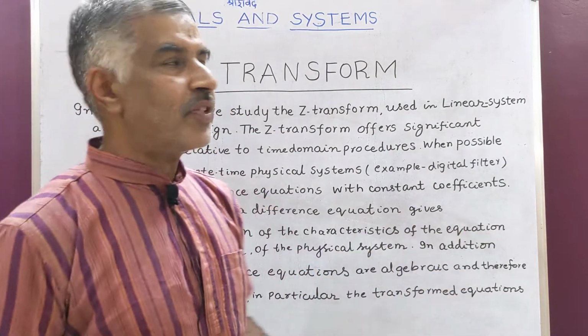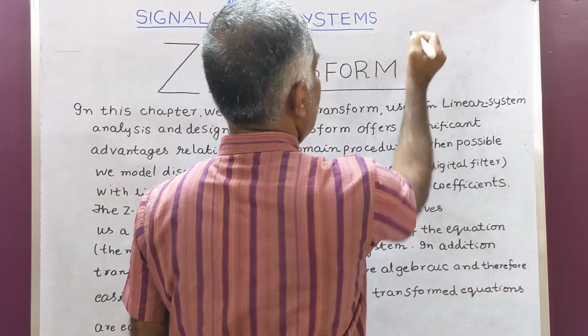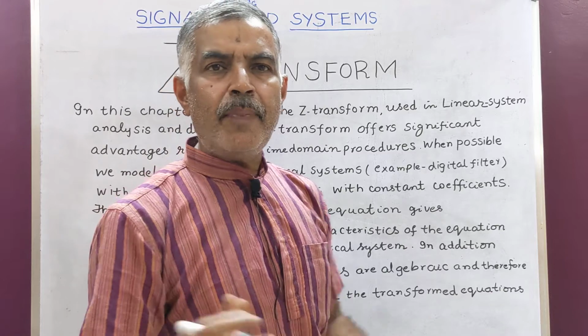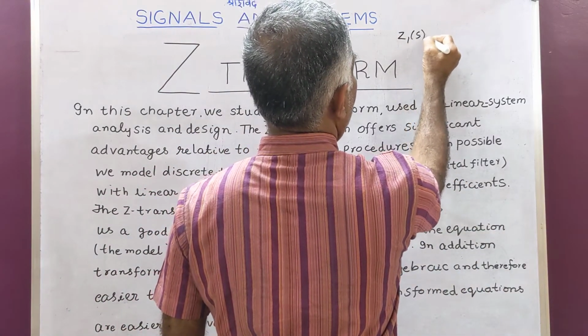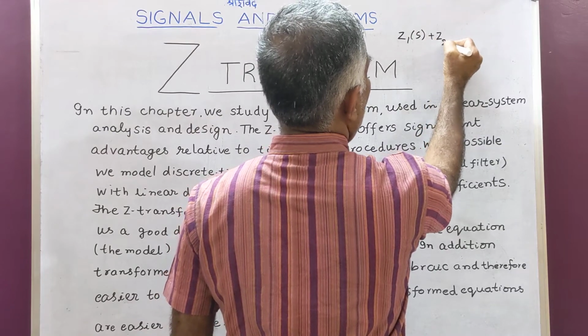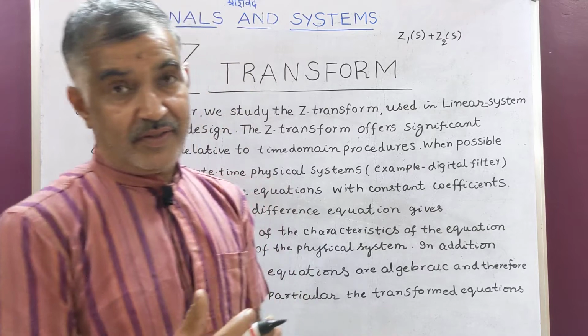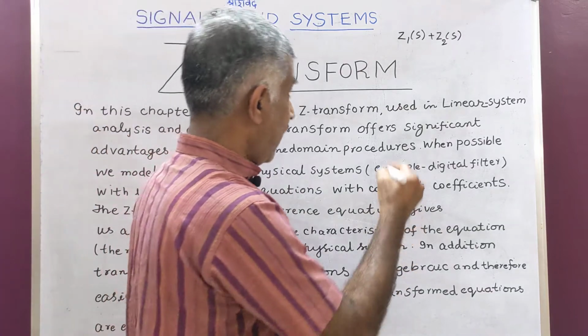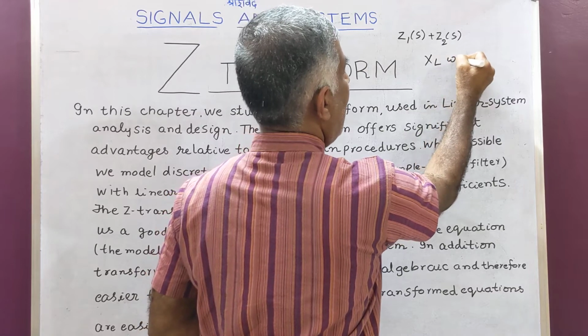In the case of Laplace transform, you recall, in the S domain, impedance can be added. For example, Z1 of S can be added with Z2 of S. Impedance can be added because they are algebraic. But is it possible to add inductive reactance with R?